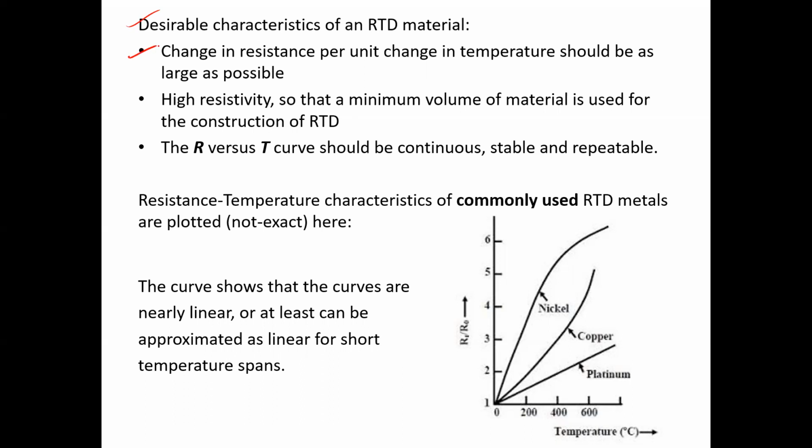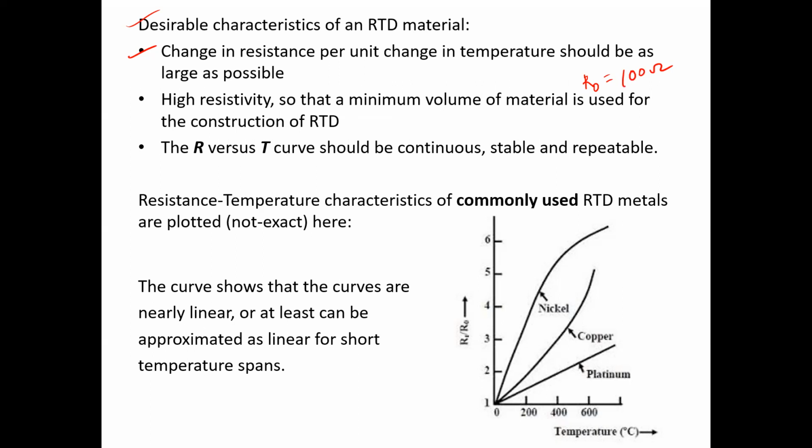Then the second point, that is the materials should have high resistivity, so that a minimum volume of material is used for the construction of the RTD. So for example, suppose at 0 degrees Celsius, we want the resistance of the RTD to be 100 ohms.